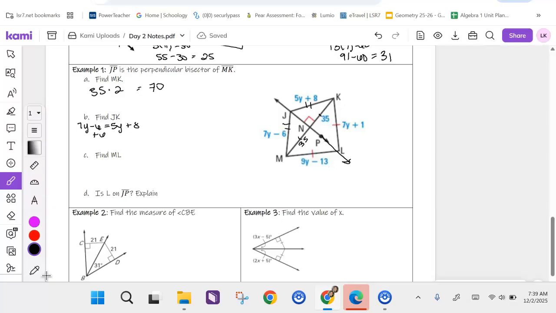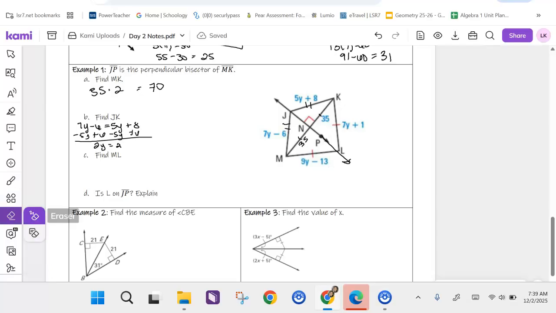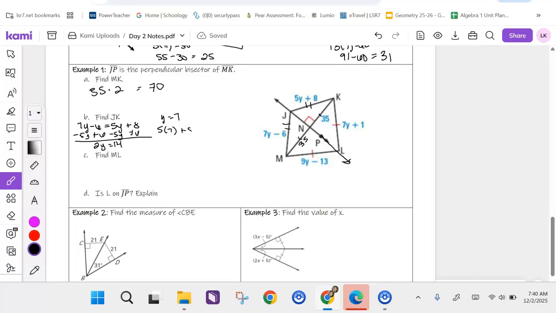I add 6, subtract 5y. 2y equals 14. So y is going to equal 7. So then I need to plug that back in for y. So I have 5 times 7 plus 8, 35 plus 8. JK is going to equal 43.